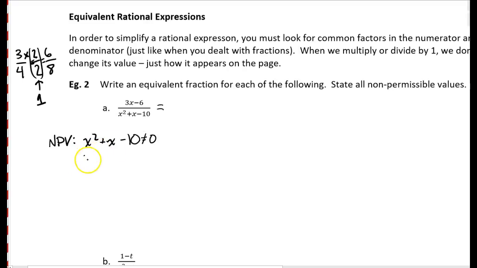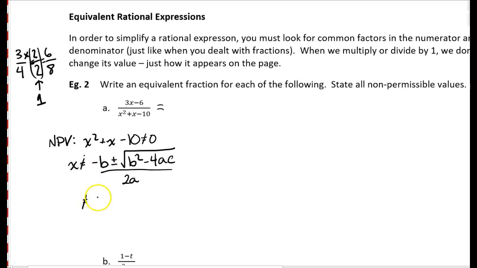So I'm going to go ahead and do that. So remember, x is equal to, or not equal to in this case, -b plus or minus the square root of b squared minus 4ac, all divided by 2a.